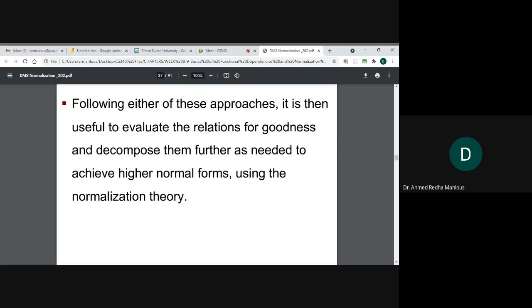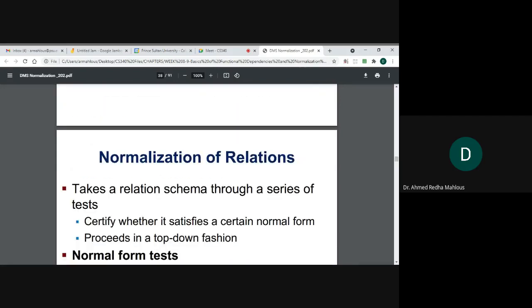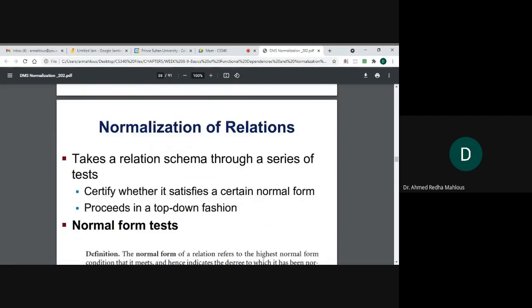Now this is what we mean by normalization. Once you have your relation design, your relation schema, you need to tell us whether those relations have some level of goodness, or they need to be more refined.